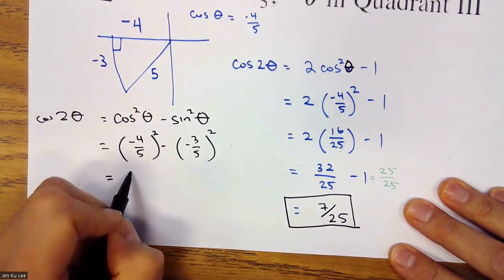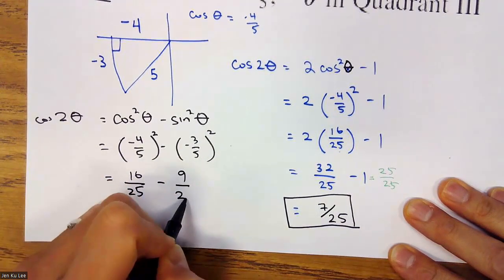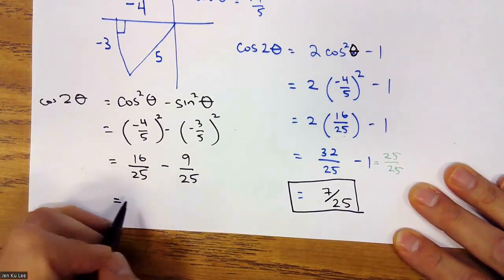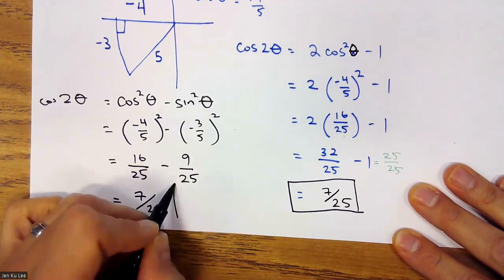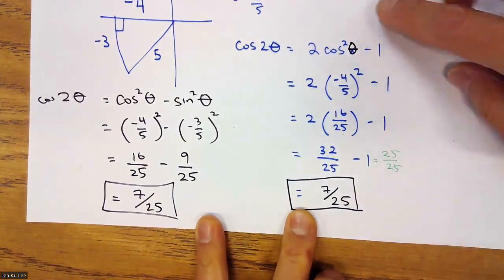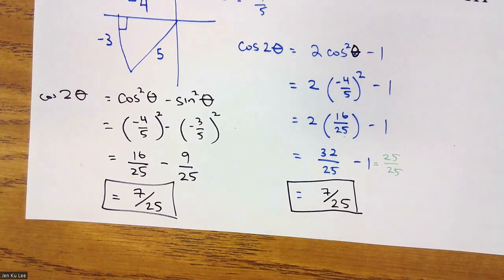If you square that, that's 16 over 25 minus 9 over 25, which you would get 7 over 25, right? You get the same answer anyway, but this one just requires you to do a little bit more. Okay, so it doesn't matter which one you use, you'll get down to the same thing anyhow.